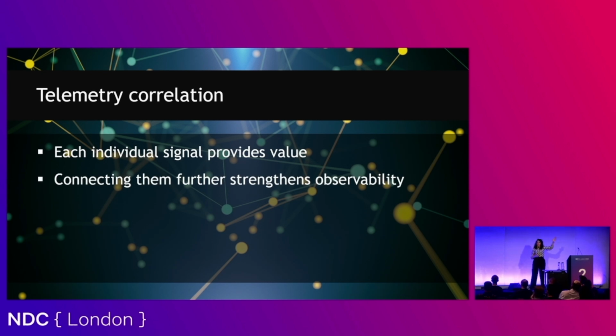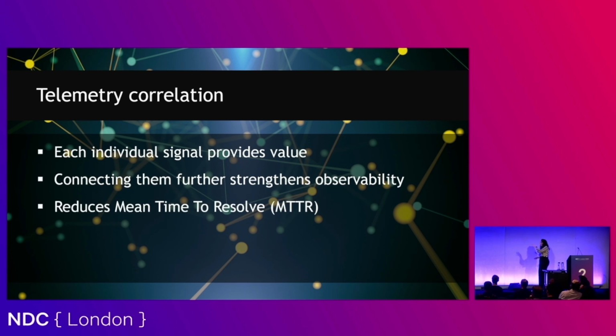If we see that there's a metric off, and we would be able to connect that to the traces, and from the traces be able to look at the logs without having to do any manual exercise, then based on that information that is just linked already there for us, then we're losing a lot less time. So that reduces the mean time to resolve, which is a metric that gives us insight into how quickly we're able to resolve an incident when it occurs.